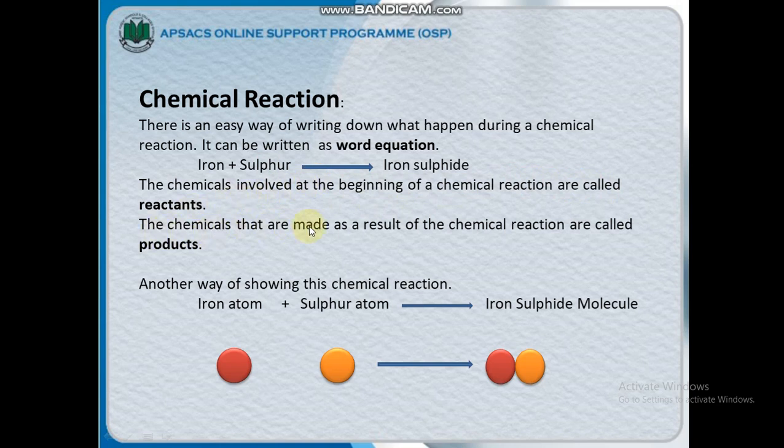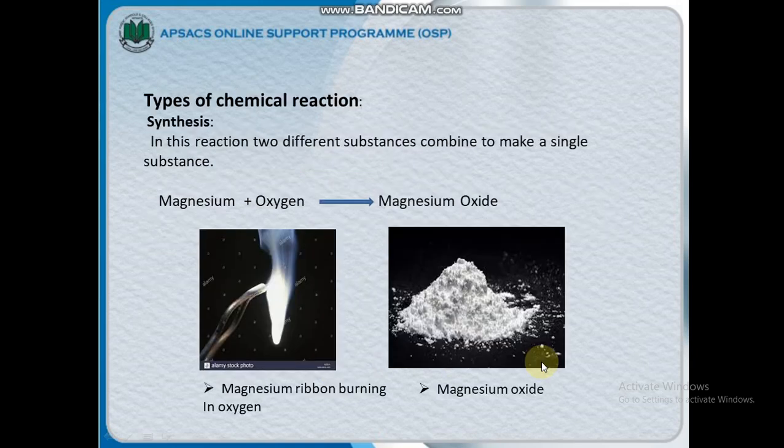The chemicals that are made as a result of a chemical reaction are called products. In the chemical reaction between iron and sulfur, iron and sulfur are the reactants and iron sulfide is the product. Another way of showing this chemical reaction: an iron atom plus a sulfur atom combine to make iron sulfide.